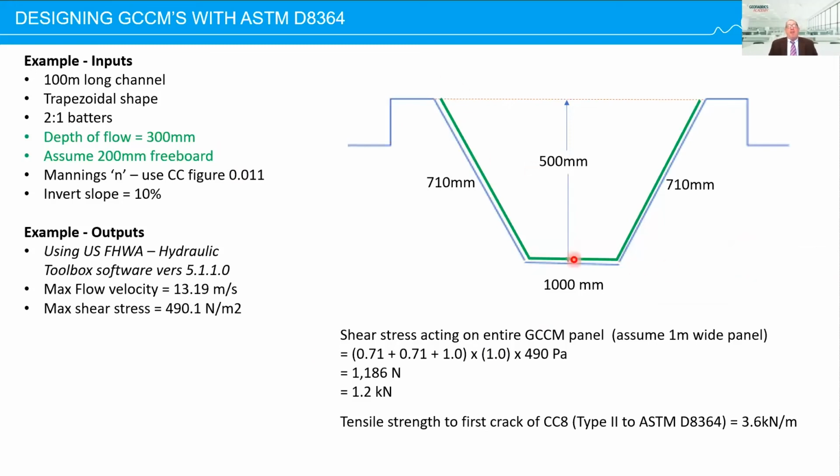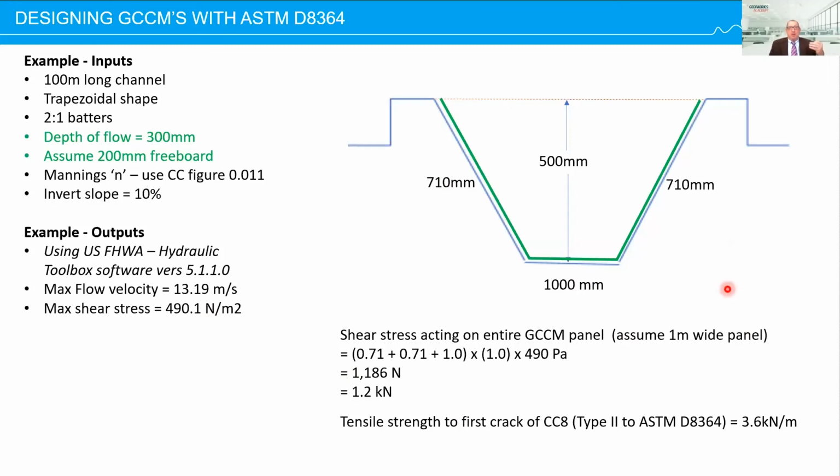Now, if we have a single panel here, I know this is incorrect and conservative because shear stress is distributed from 0 down to maximum through the depth of the flow. However, to take a more conservative approach, I assume that this whole maximum shear stress is applied across all the material that is exposed to water.